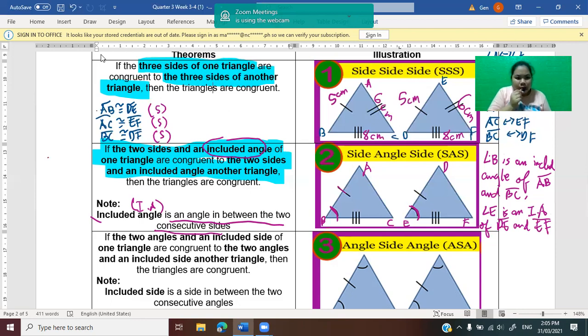So it should be AB is congruent to DE, and we have angle B is congruent to angle E. Then we have BC is congruent to EF. That's it. So this is now side, angle, and side.